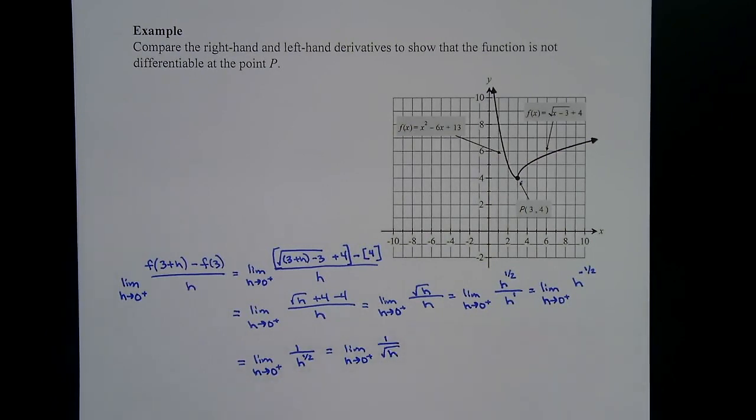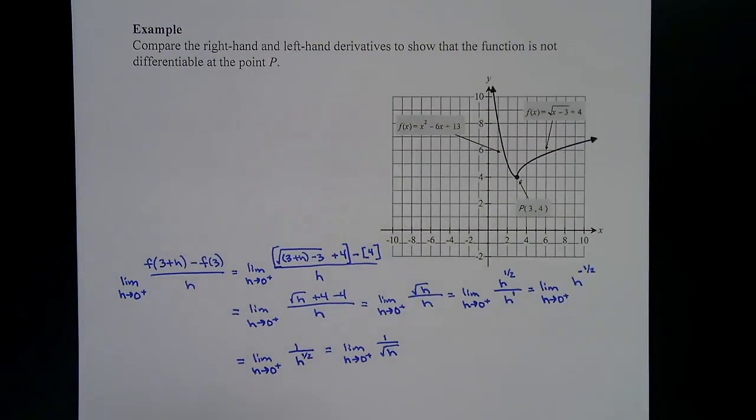Now let's try direct substitution, because I'm going to get 1 over 0. That tells me it's going to be either infinity or negative infinity, but which one? Just before h is 0, because we can't tell when h is 0, h was positive.